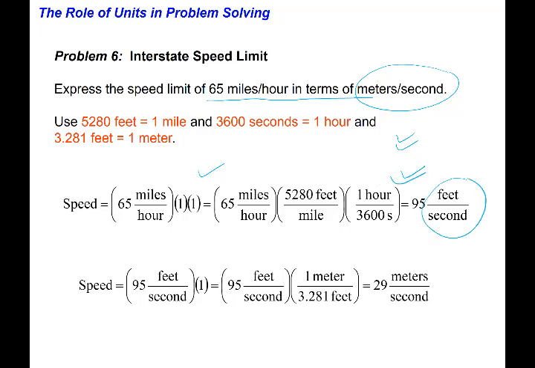So there are several ways of doing it, and vice versa. You can convert 95 feet per second into meters per second as well. All of these quantities represent 1 over here. This means 1, this means 1 also, so unit conversion.